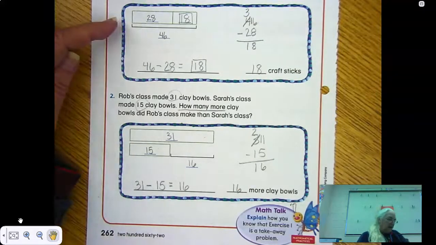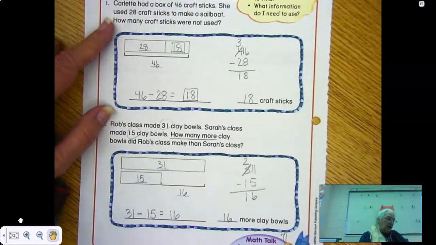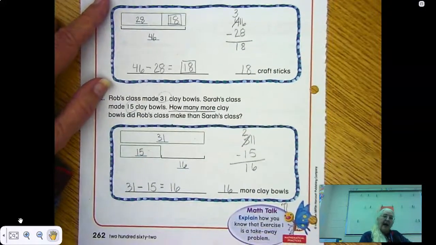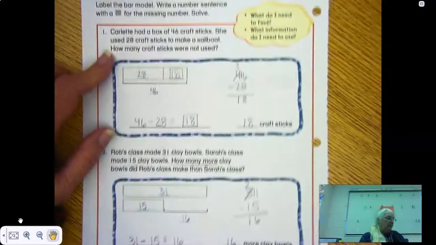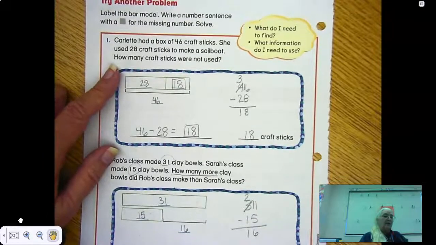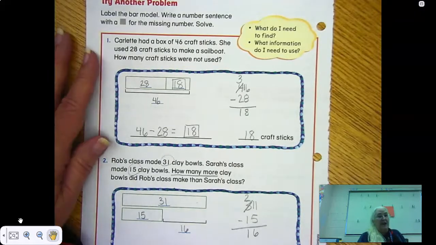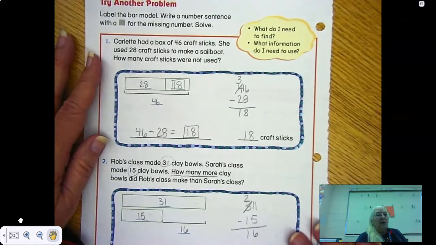Now in this first one, thinking about this math talk question down here, in question number 1 it says, how do we know that exercise 1 is a take away problem? Well, when I read the words, that's why word problems in math require you to do some extra steps in thinking. You have to comprehend the question.